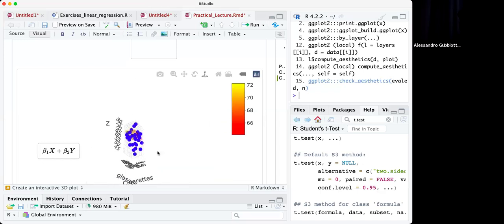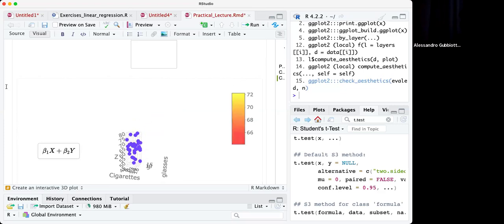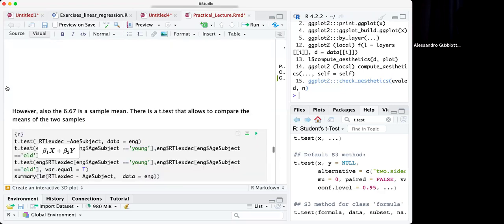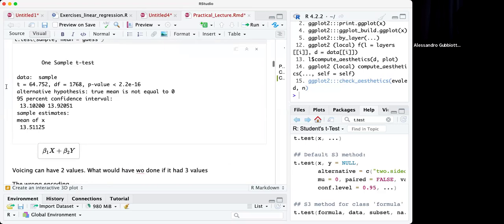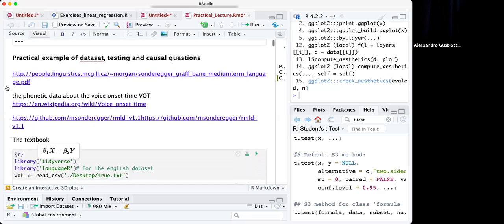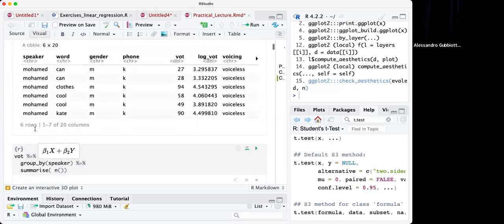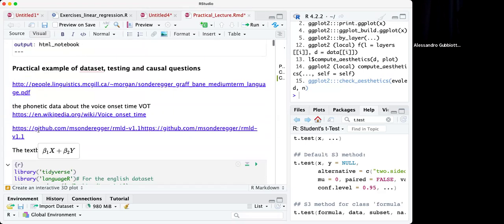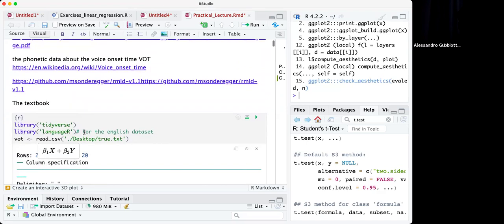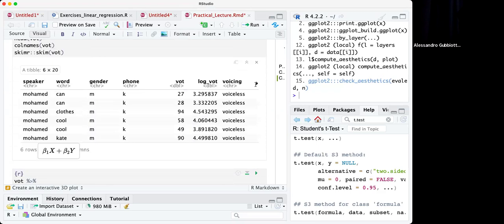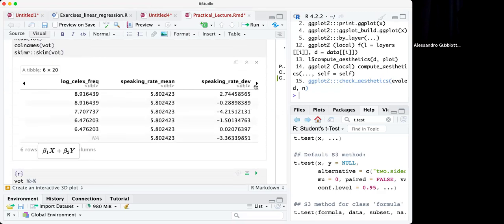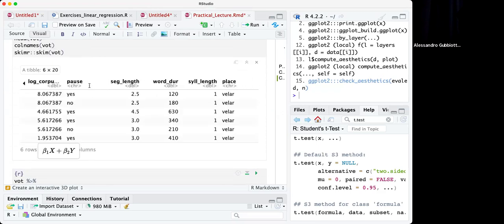Probably we could try to go back to the initial example, the one with the voice onset times, and use more predictors.